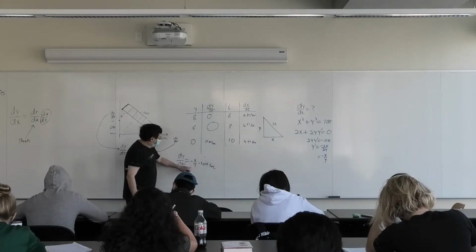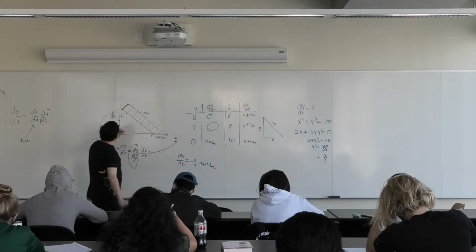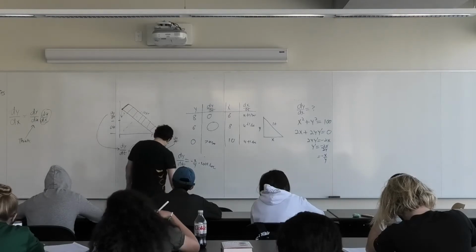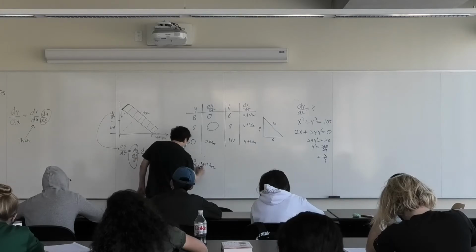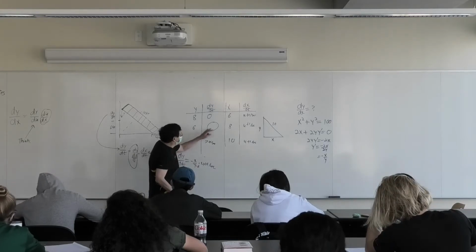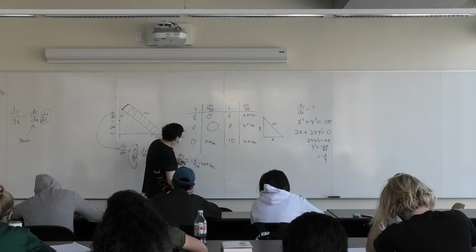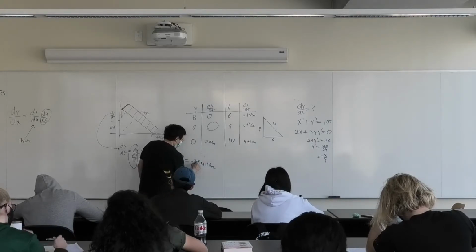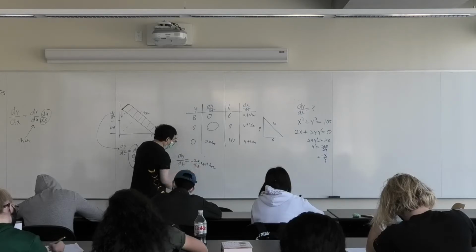Now, where do we get the x and the y? The problem tells us 6 feet for y. This is 6. And as we figured out, x is going to be 8. And it'd be minus 6.